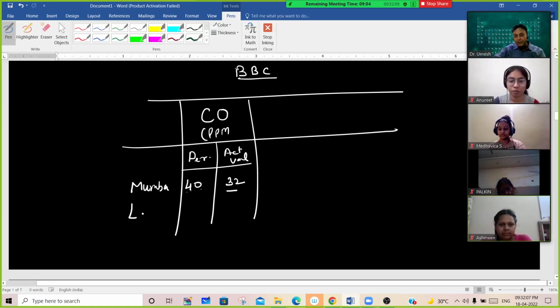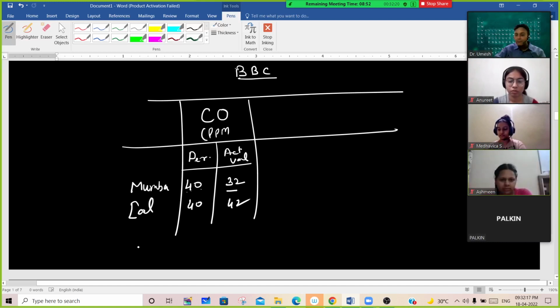Now if we talk about another city, let it be Calcutta. Permissible value is 40 and actual value is 42. Now what does it indicate? People might be facing some health issues. Right? That is why you might have seen, or if you have met anyone from Calcutta, they are very, very lethargic, very lazy.